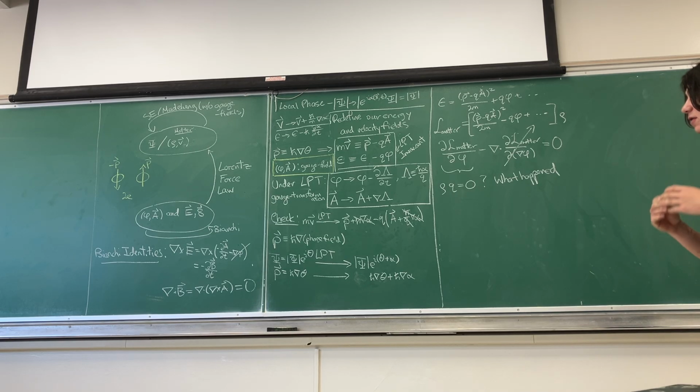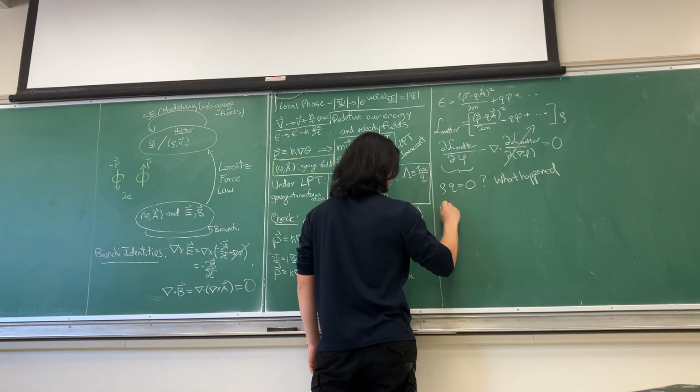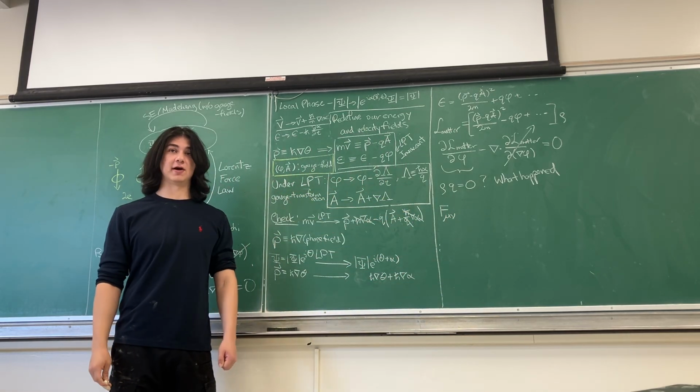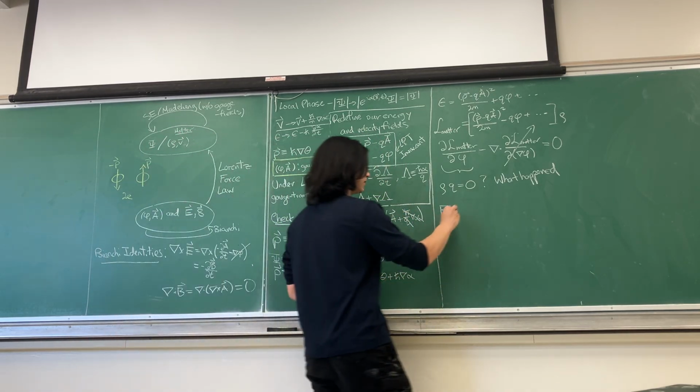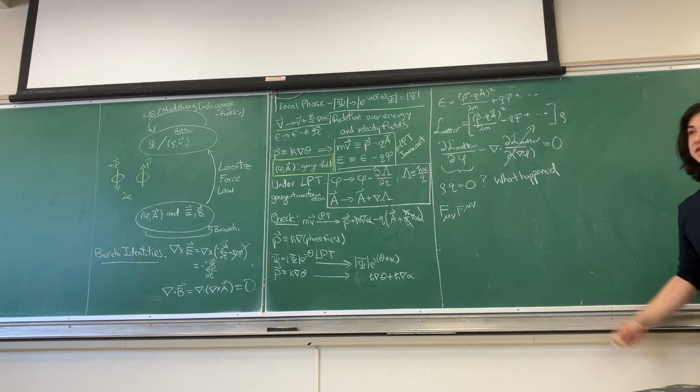So we need to figure out a Lorentz invariant quantity that has to do with the fields. We know that the fields are all encoded in F mu nu, so we need to create a Lorentz invariant quantity out of F mu nu, and the simplest one is just F mu nu F mu nu. This is clearly a Lorentz scalar.